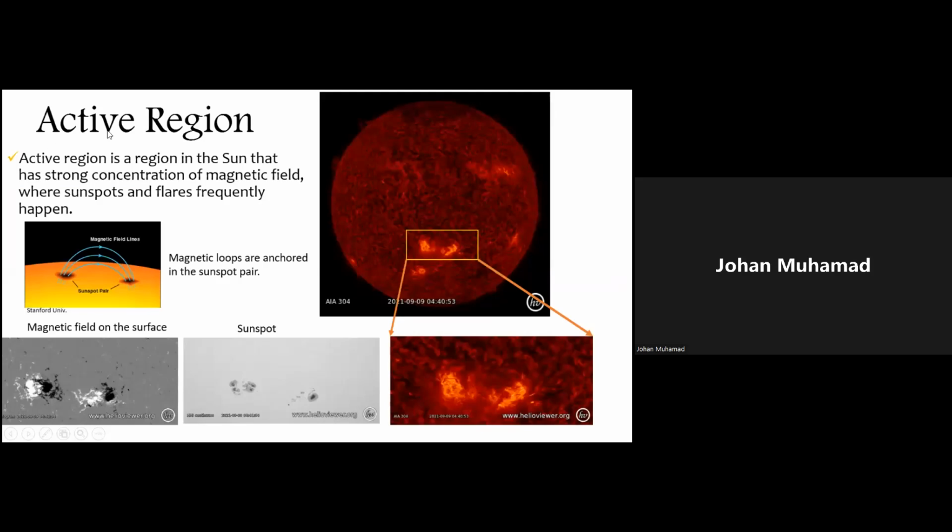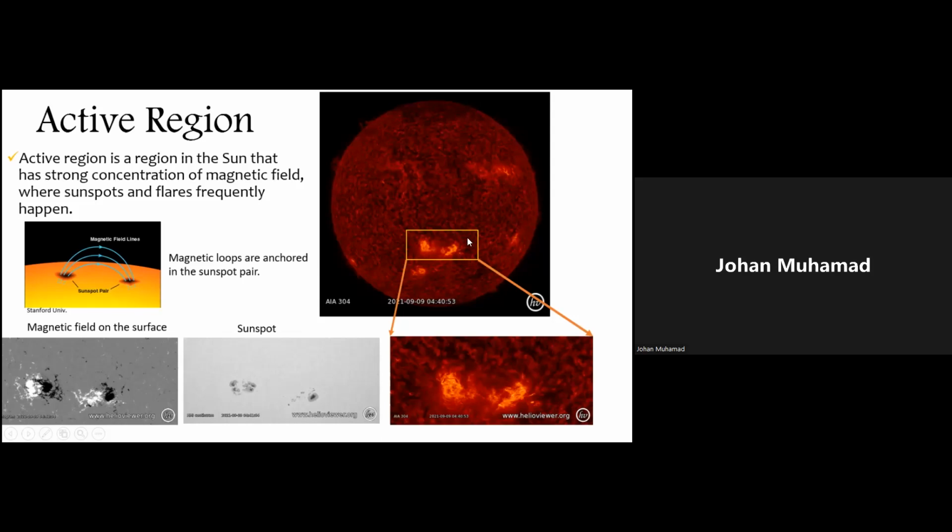What is an active region? If you see the sun like this, then you may see that in some part of the sun, there are several regions that are brighter than others. This part we call active regions.